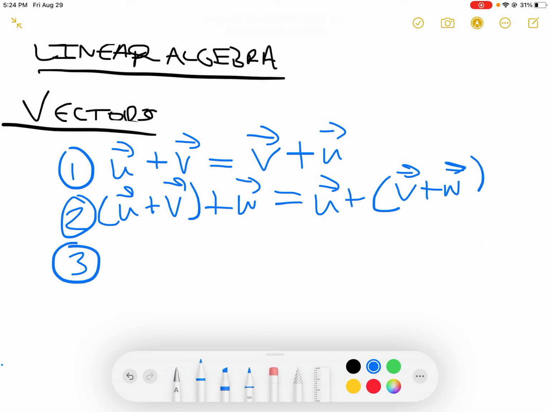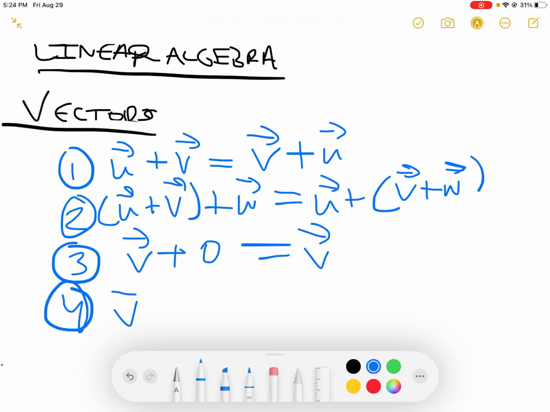The third one is that if you add 0 to a vector, you're still going to get that same vector. And the last one is if you add the negative version of the same vector, you get 0. So these are things that you'd probably already assume, but we're just telling you this because it's good to know that, yes, it is true, just in case.